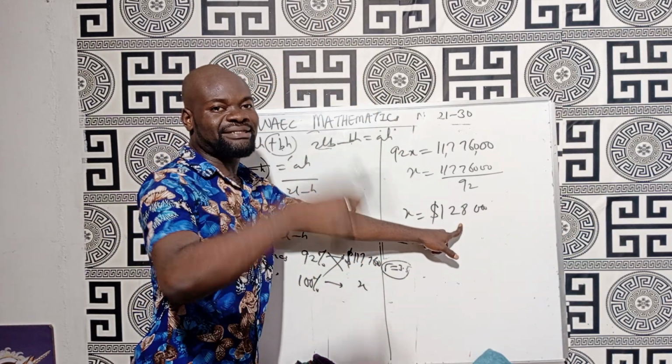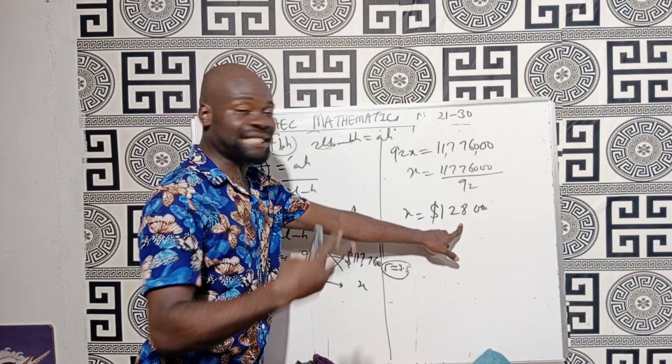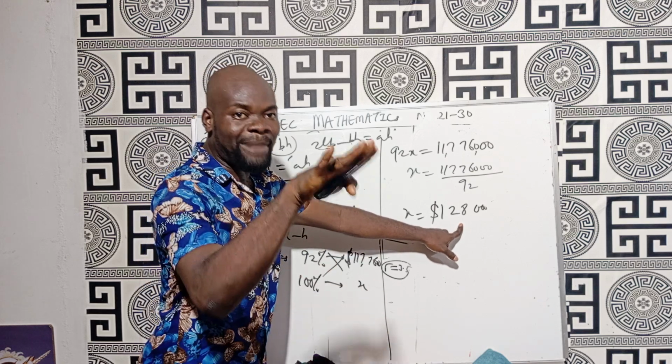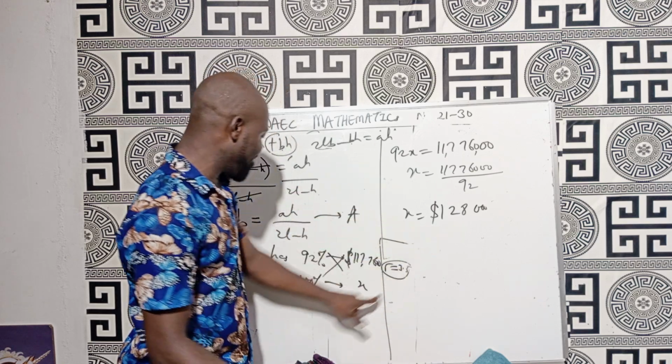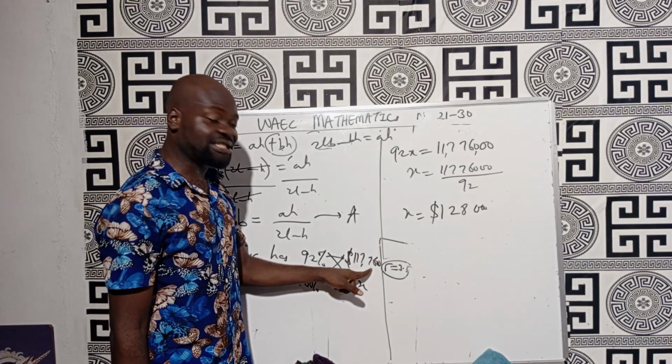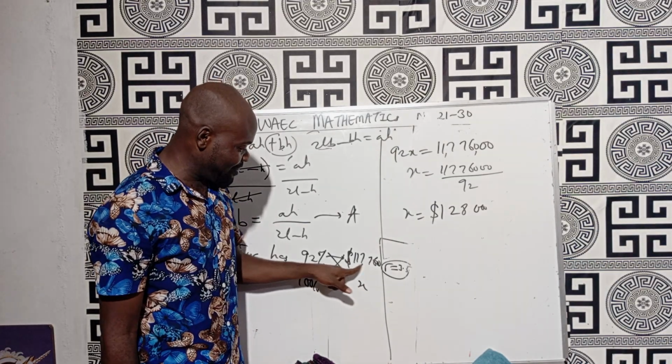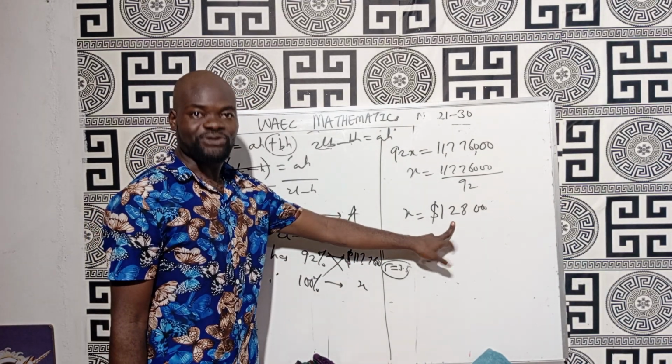The agent has reduced this by 8%, so the lower amount left is the amount given to the landlord, Eric. You can see that this amount is lower than this. So that's how it goes.